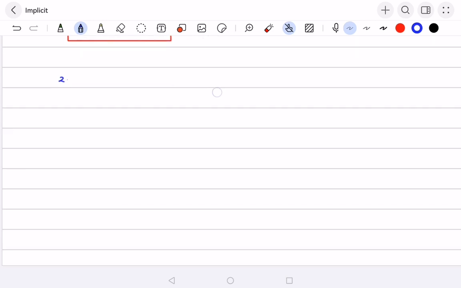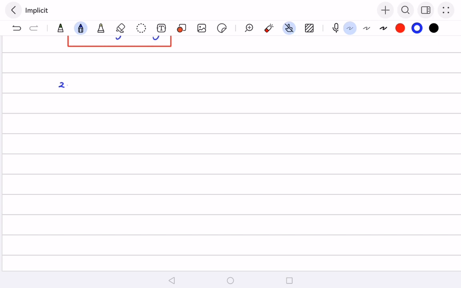Example 2, we have 2x cubed multiplied by y squared minus sine y equals to 4.